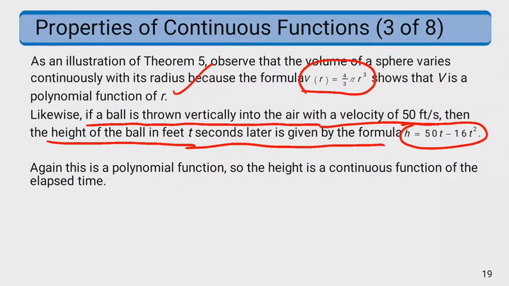So this polynomial is also continuous here. So we can make that height as big as possible or as small as possible. Now it will be a matter of interpretation. Now we are talking about the height. Can it be negative? But that function is well defined on its domain. It's well defined as a polynomial.